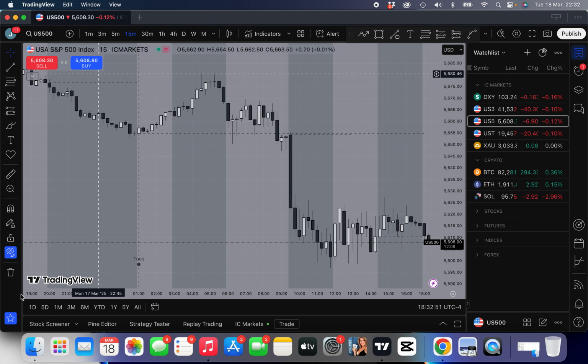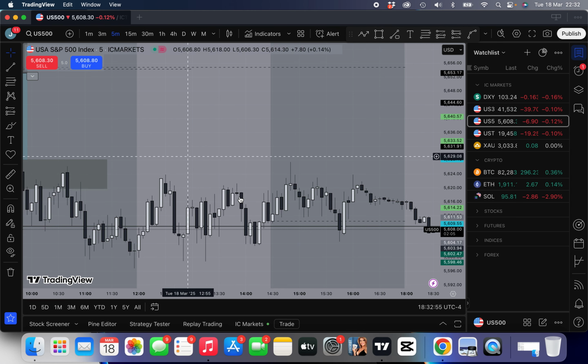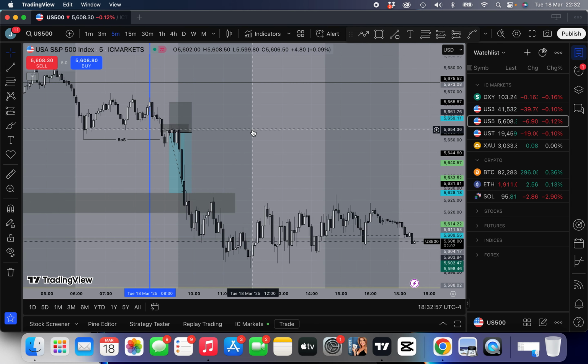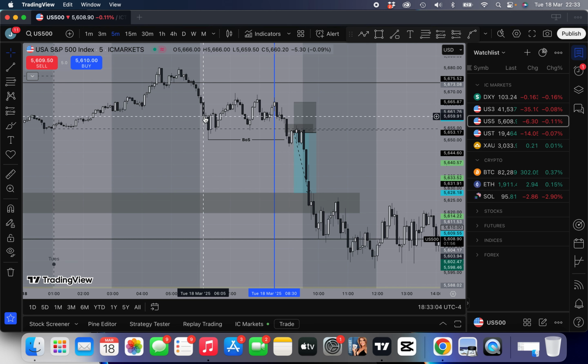So, like I was saying, I don't know why you would have wanted to take a trade today. This is what you could have possibly done. We've got this nice small imbalance that gets created, and just a load of orders being filled in here.